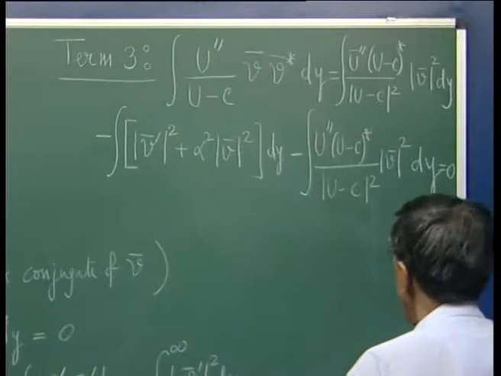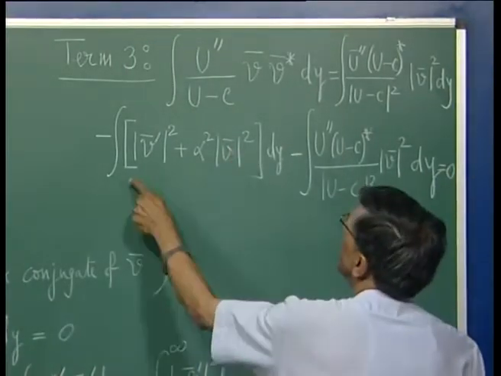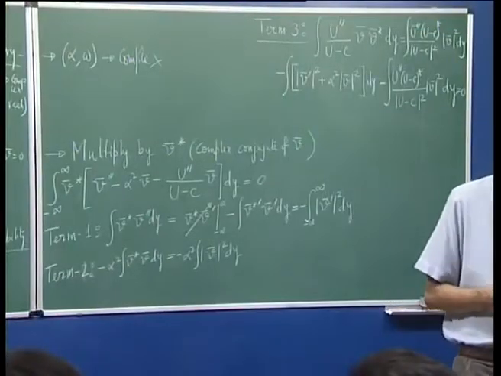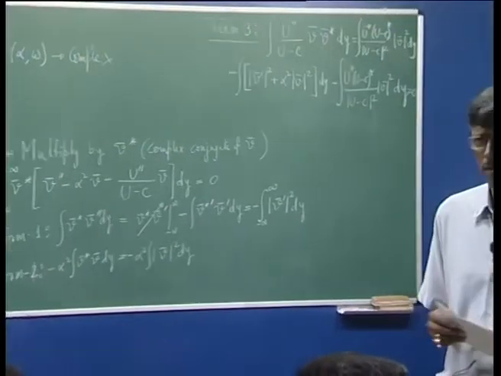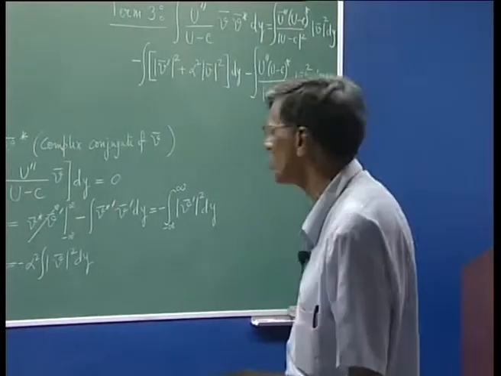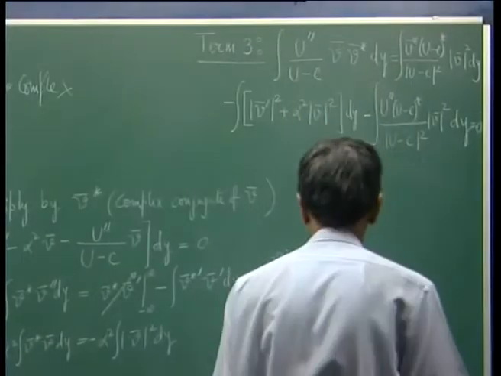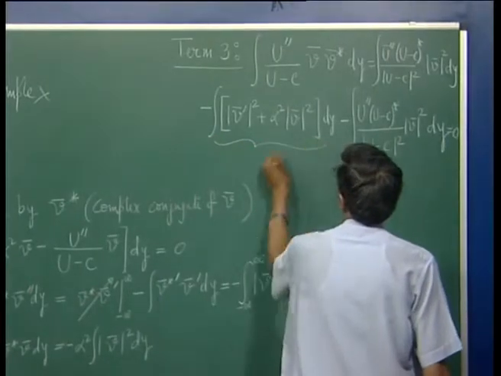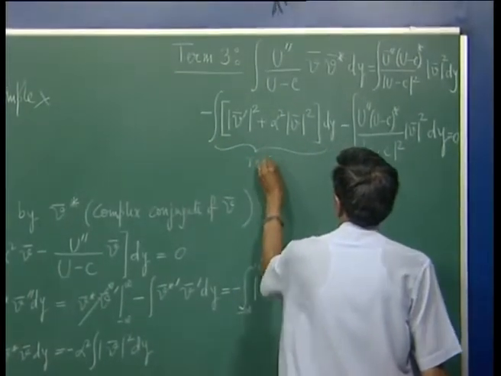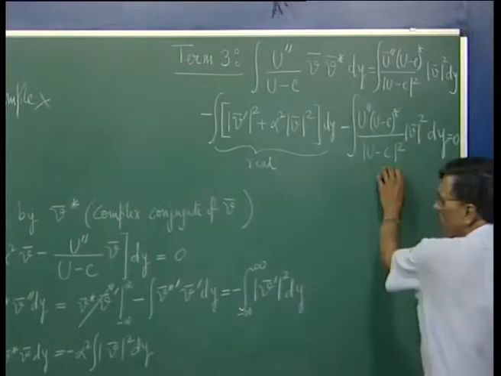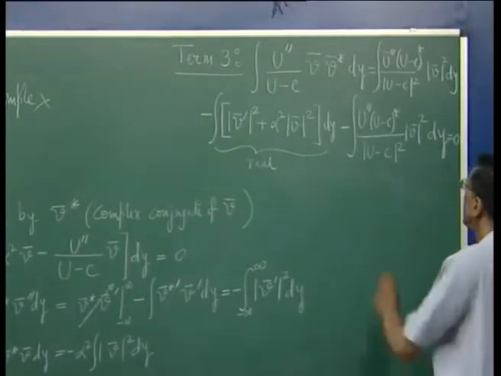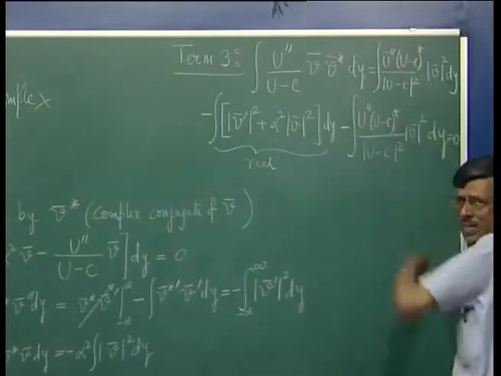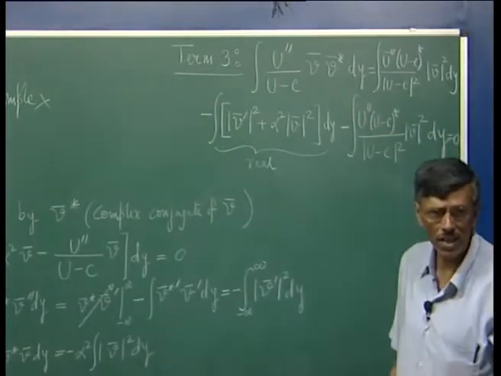Now, what can you say about the first quantity? Is it real, imaginary, complex? What is the first quantity? It is strictly real, right. So, that is something that we have a clear view of. This is purely real. This part is real, this part is real, this part is real, but this has a complex nature, right.